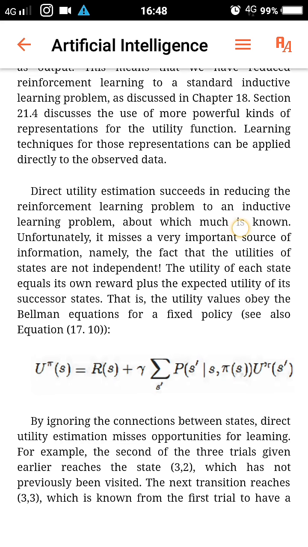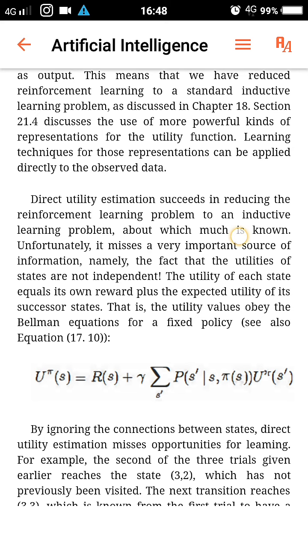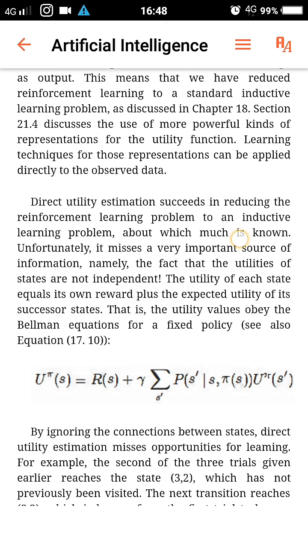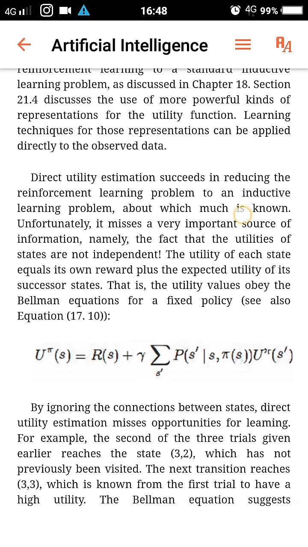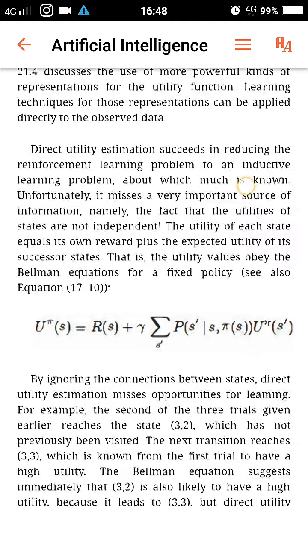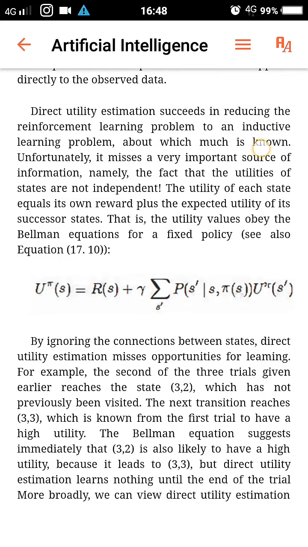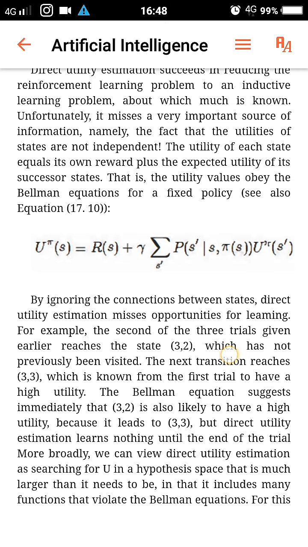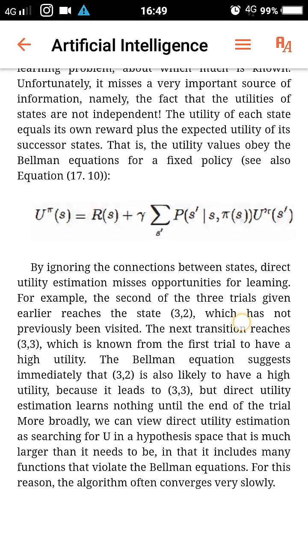This means that we have reduced the reinforcement learning problem to a standard inductive learning problem, as we discussed in chapter 18. Section 21.4 discusses the use of more powerful kinds of representations for the utility function. Learning techniques for those representations can be applied directly to the observed data.